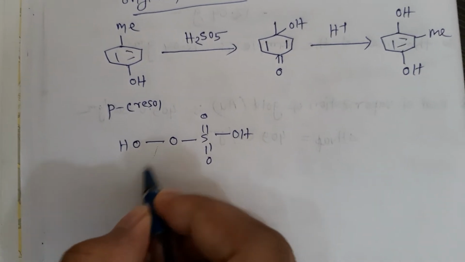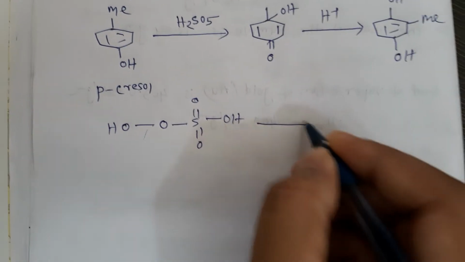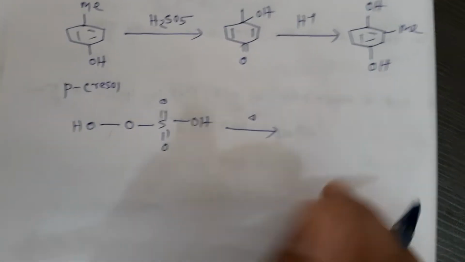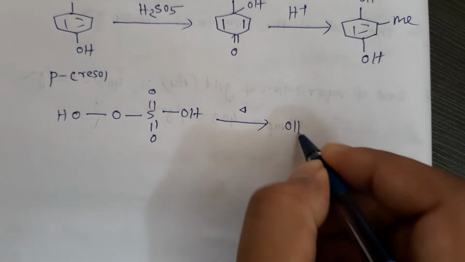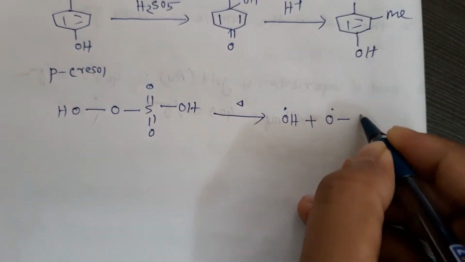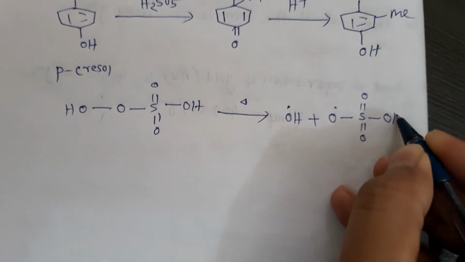Here one peroxy bond, O-O is the peroxy bond. In presence of heat, this peroxy bond will break, so it will form radical OH dot plus O dot S double bond O, OH.